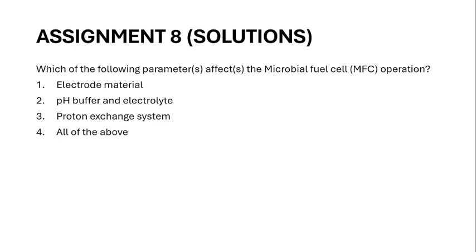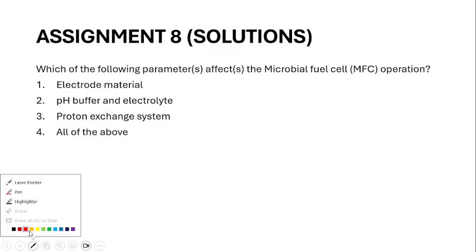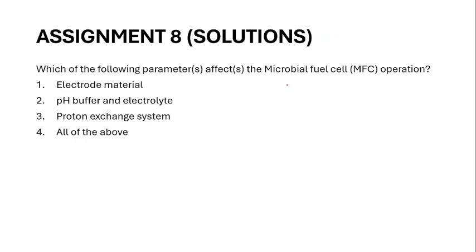Okay. So in the week 8 assignment solution, the first question is, which of the following parameters affect the microbial fuel cell operation? So it is a question about MFC. We basically know what MFC is used for. We can produce current with the help of microorganisms.